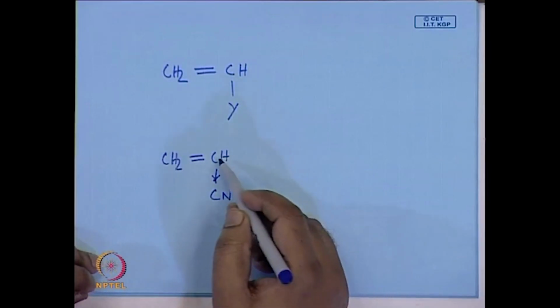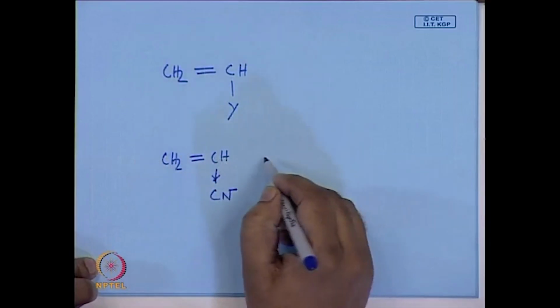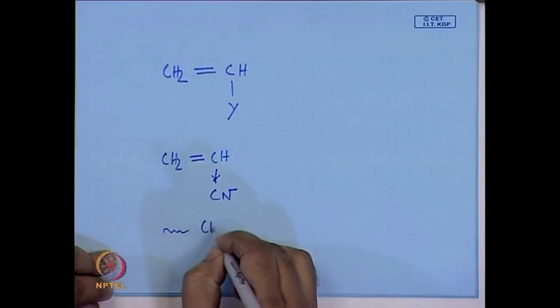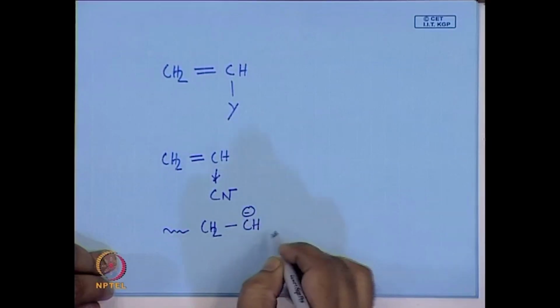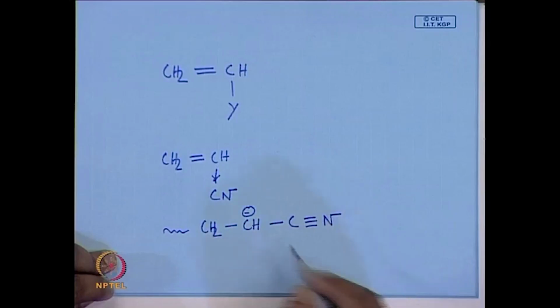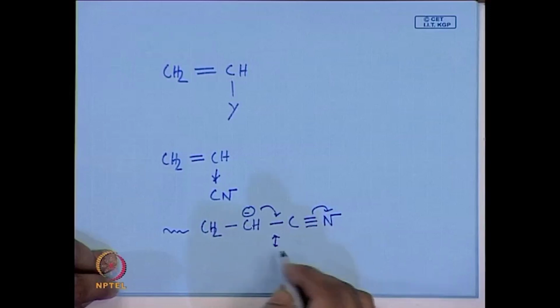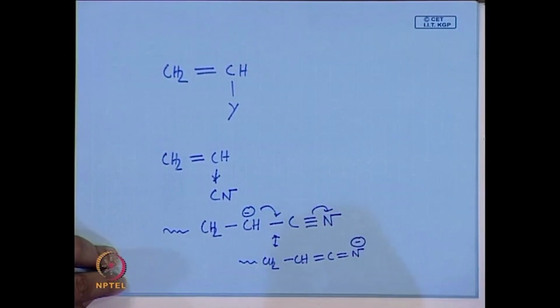So, if I have an anionic species reacting with this monomer, it will form, for example, CH2, and it can stabilize and form like this.